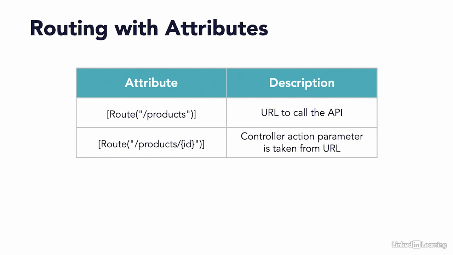So /products/42 means that ID has the value of 42. And that ID is then a parameter for the action method. So we would have maybe an action method called GetProduct, and then in parentheses, int id or string id, depending on the data type. And that would be filled automatically with the data from the URL.